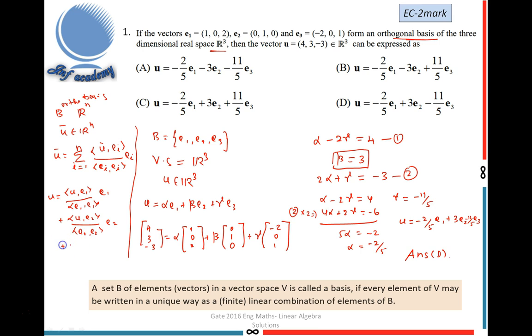Next, the third term is the inner product of U comma E3 divided by E3 comma E3, into E3.